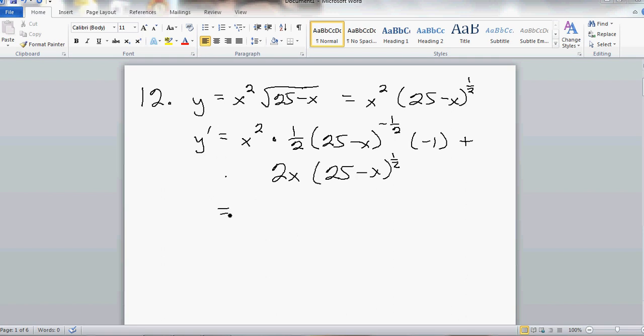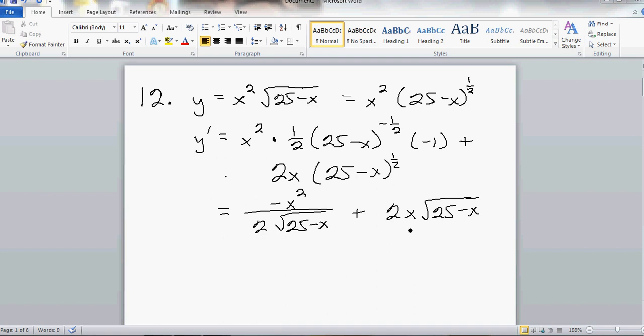Now just cleaning this up, we get, let's see, this becomes a negative x squared on the top and 2 times the square root of 25 minus x in the denominator, plus 2x times the square root of 25 minus x.